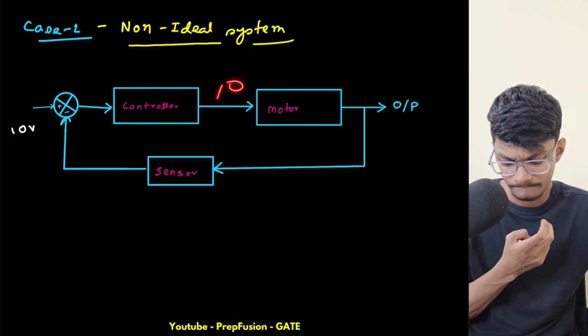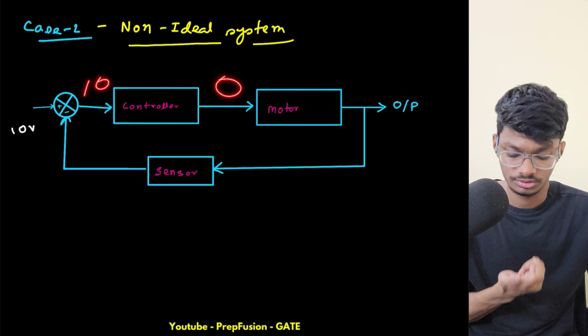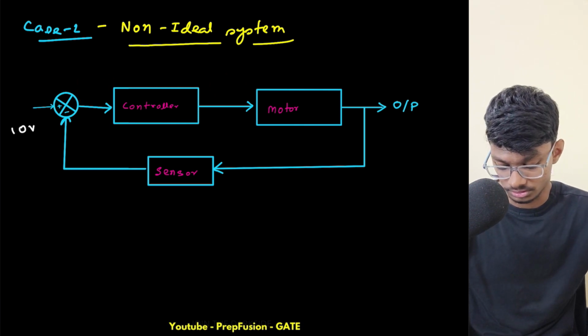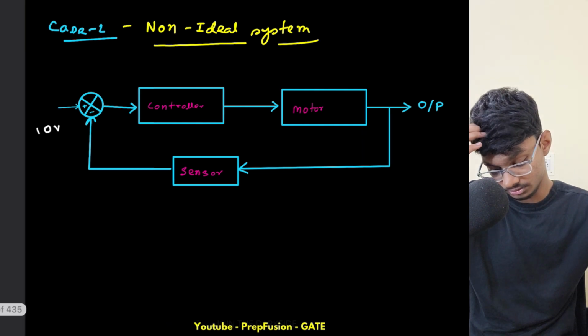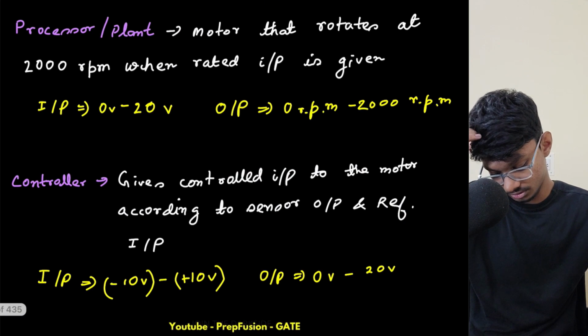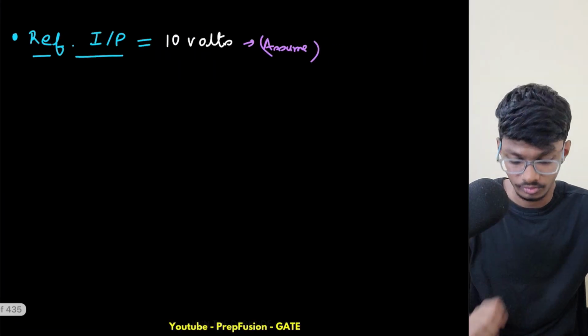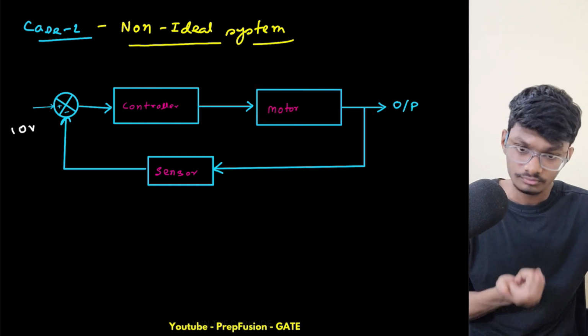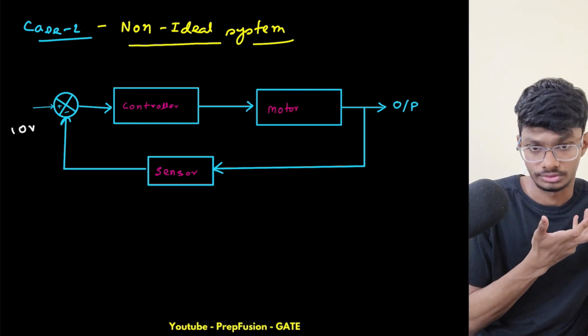The input is 10, so this will give me 20. What was the maximum controller output here? Yes, this will give me 20. If this gives me 20, the motor will try to go to 2000 rpm.